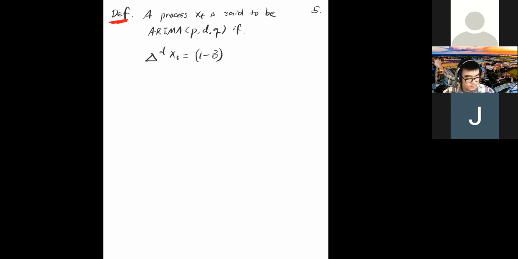A process xt is said to be ARIMA(p,d,q) if delta to the power d xt, which is equal to 1 minus B to the power d xt, is ARMA.